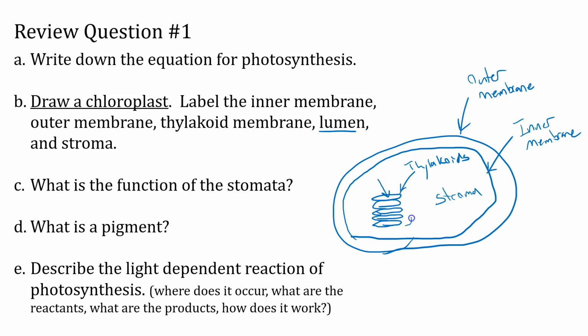And then also, if we have a whole stack of these, we call it a granum for whatever reason. I'm not exactly sure why it's called that. Okay, a stomata is not the same as the stroma, nearly identical looking word, but it's a totally different function. The stomata is the small hole that you see on the underside of the leaf.